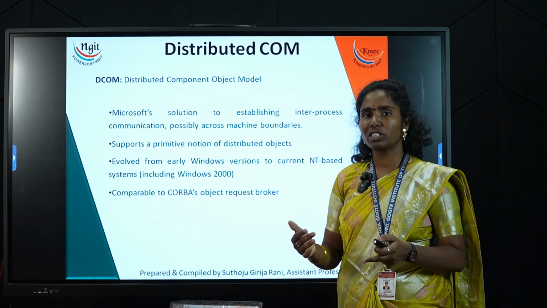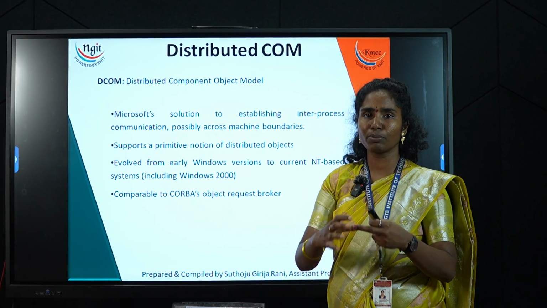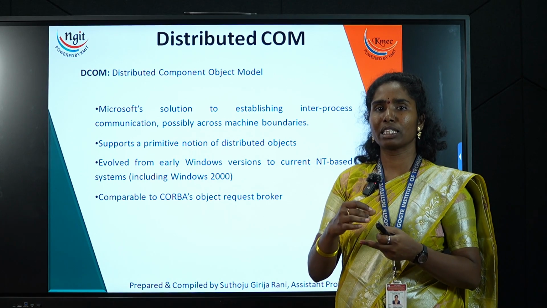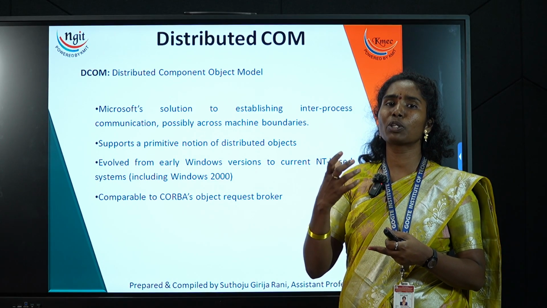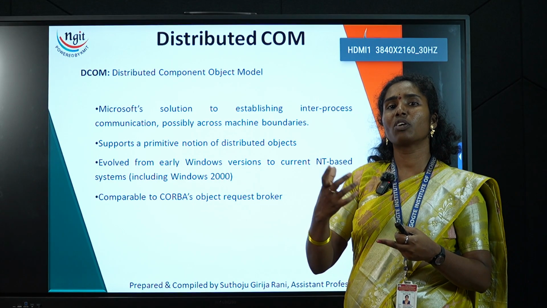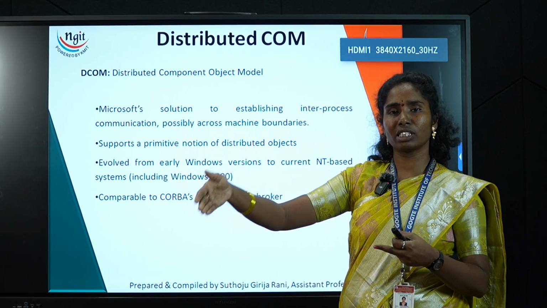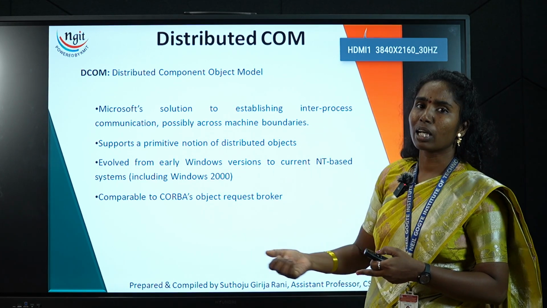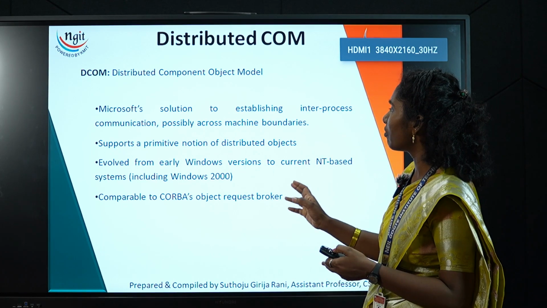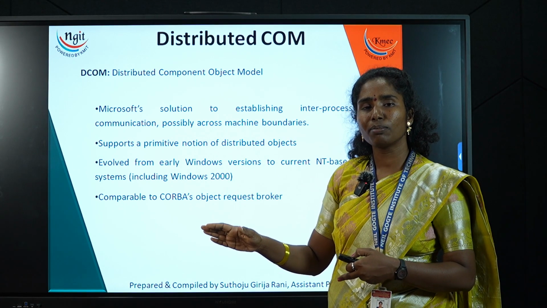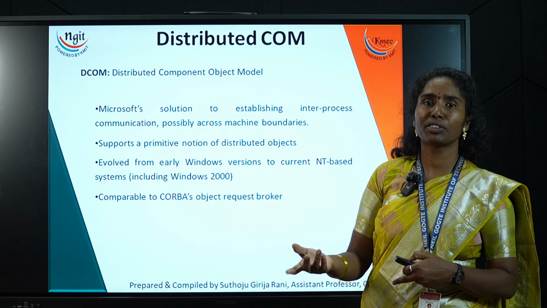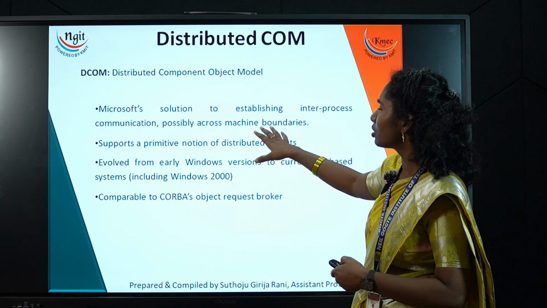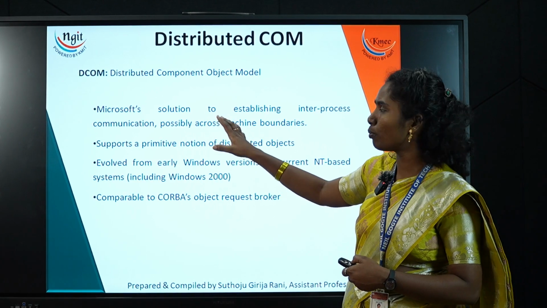In the previous sessions we had machine boundaries; with RPC we could call a procedure from one system on the other system. But here the communication itself does not have machine boundaries, so we can perform a number of services across the boundaries also. This is the first aim of DCOM.